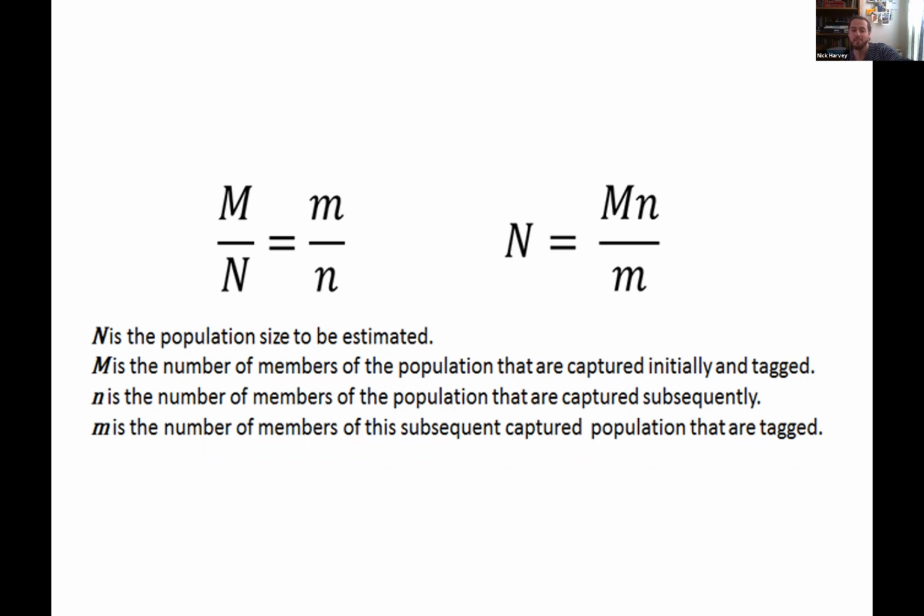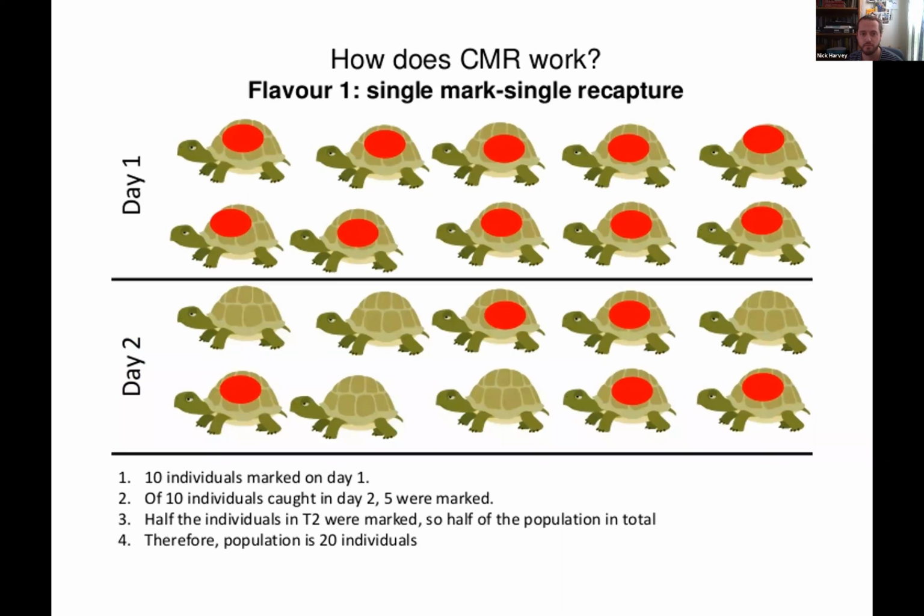And the lowercase m is the number of individuals that you capture in your second sample on day two that were tagged. And then we can use this equation to try and calculate the total population size. So I'll go through an example because I know it can just be confusing to look at maths like this. So here we go. This is an example with tortoises. We go out on day one and we capture 10 individuals and we mark them with this red dot.